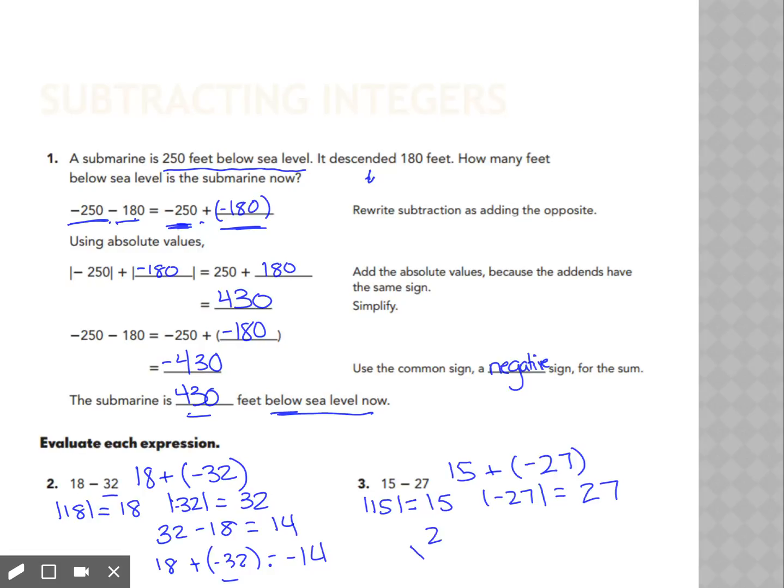So that becomes a subtraction problem. 27 minus 15 equals 12. So I'm going to look at my original problem to determine whether that's a positive or negative 12. Because 27 has a larger value than 15 and 27 is negative, our answer is a negative 12. I know it seems like a lot of steps, but these will go very smoothly if you keep practicing.